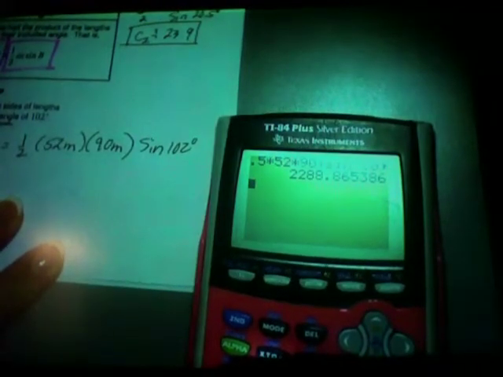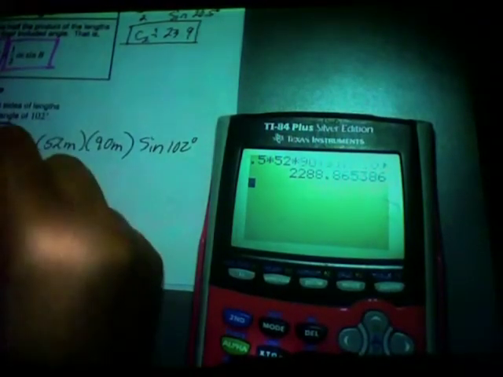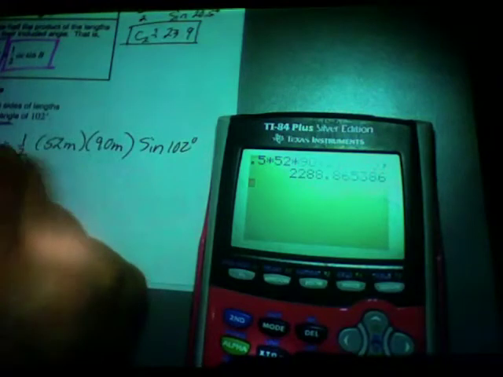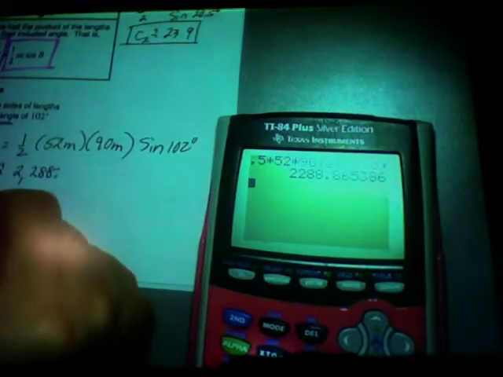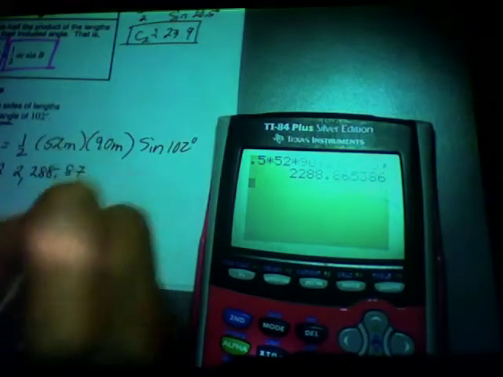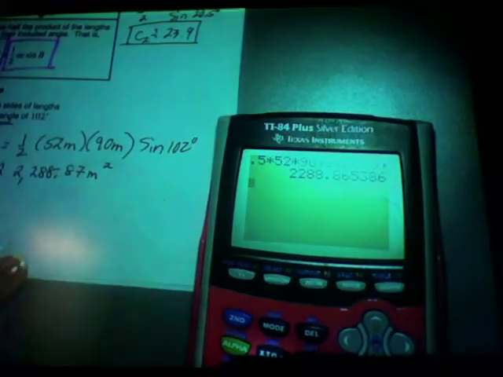What do we get? 2,288 point, they didn't tell us where to round, so go to two places, 87. And isn't this meters squared? And shouldn't area be meters squared anyway? Done.